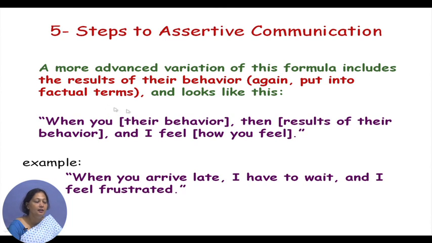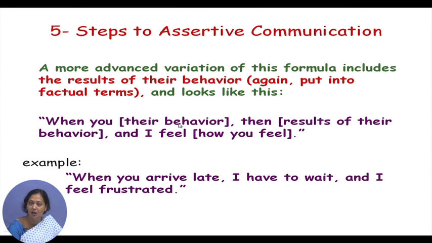So, as in describing the event. When you are stating it, when you, that is their behavior, when you arrive late, then the results of the behavior, I have to wait and I feel frustrated. So, going back to the old example of the lunch date or movie, you could put it like, when you arrive late.